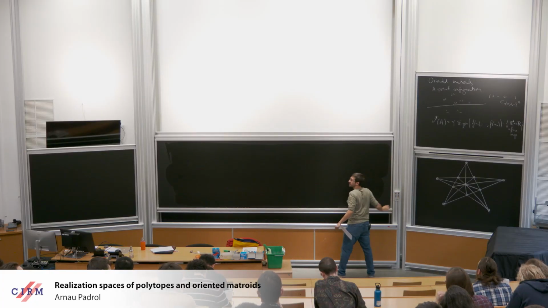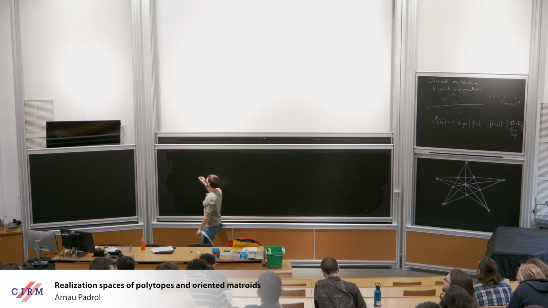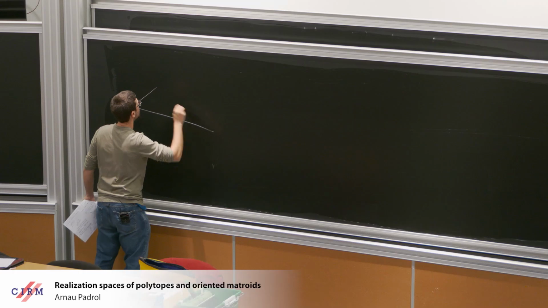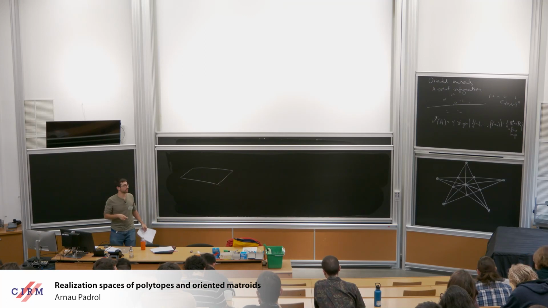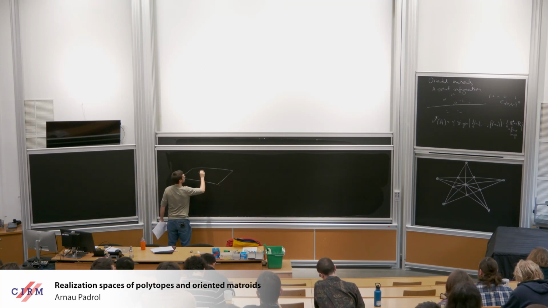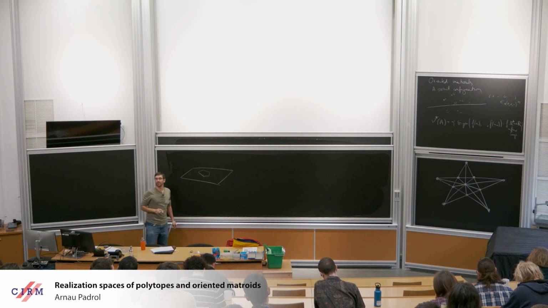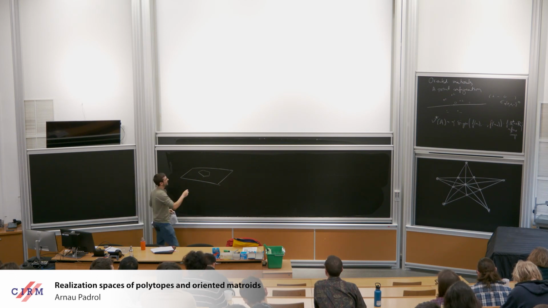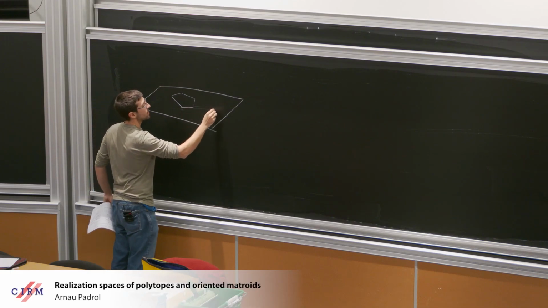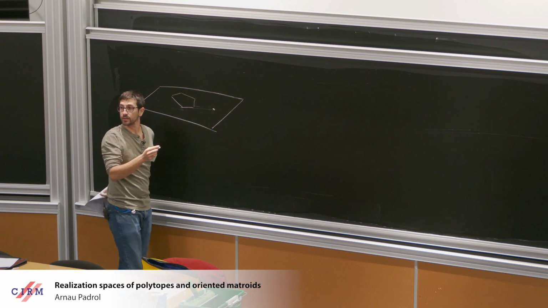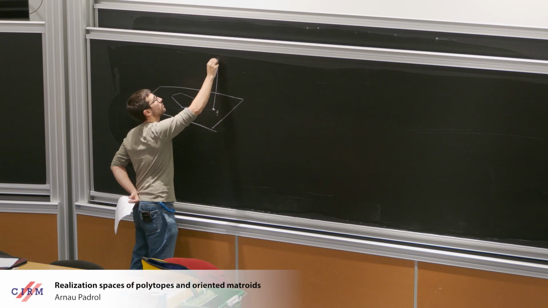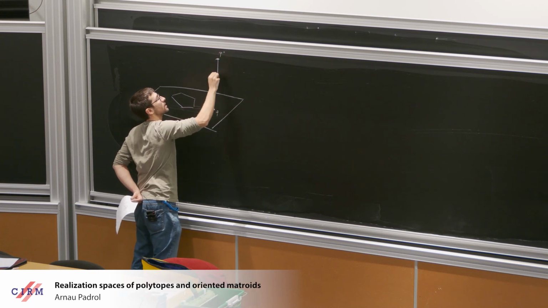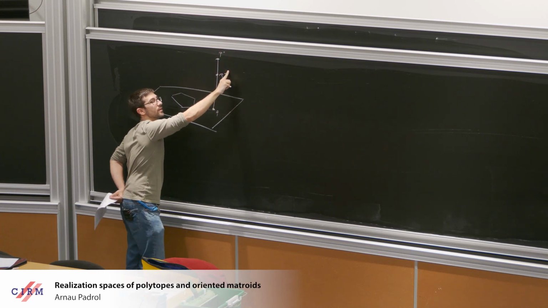So the idea is the following: take that drawing and put it on a plane in R3. Let me simplify that drawing into a pentagon. Now take one point P, and I'll replace this point P by 2 new points, P plus and P minus, in one dimension higher.